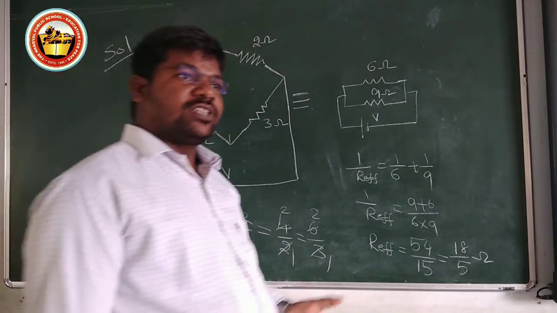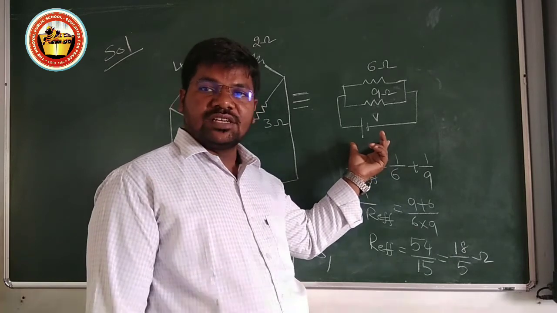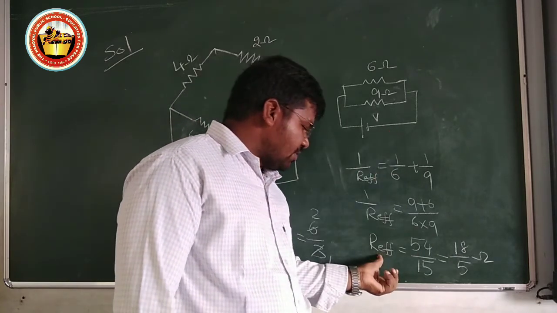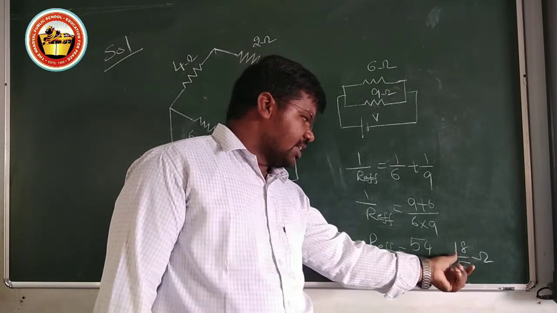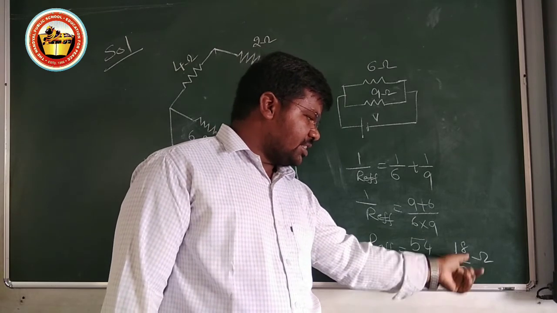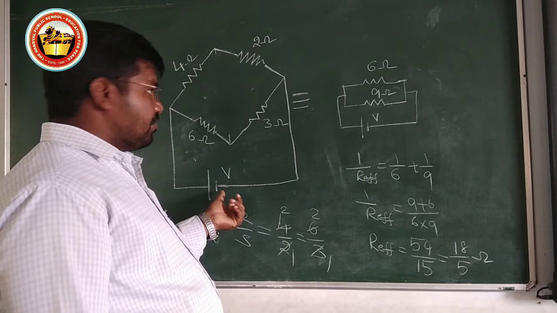Here the resistance is 18 by 5 and the EMF is V.